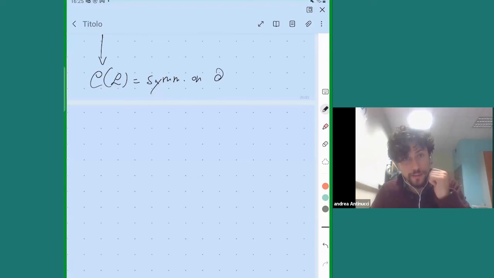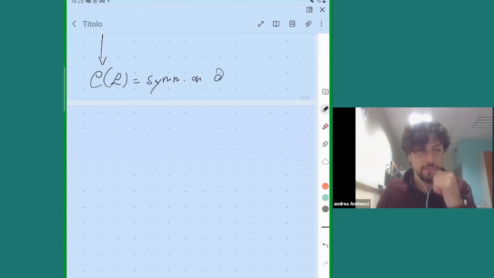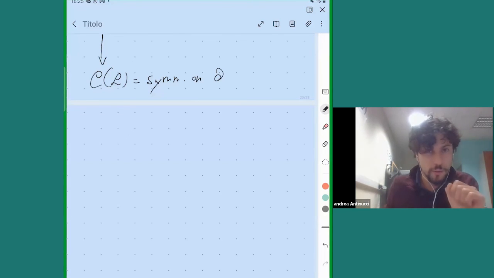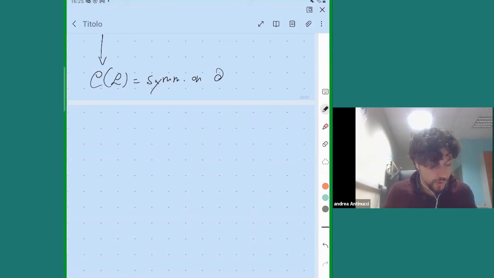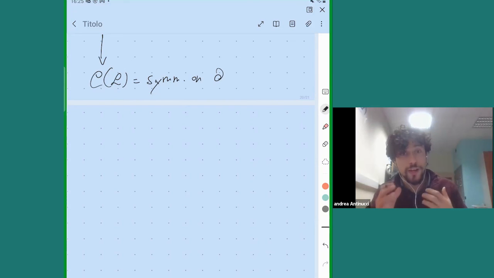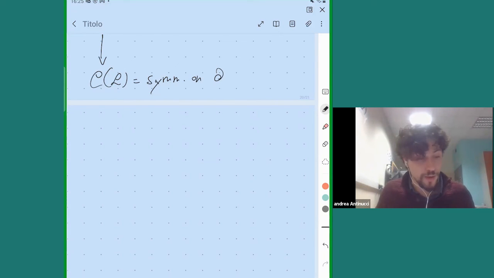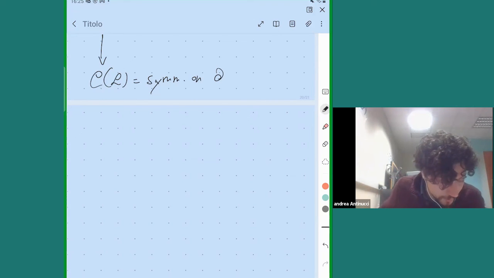But the miracle thing is that sometimes, I would say almost always, we are discovering many cases in which this is possible. We are able to construct this higher dimensional TQFT for categorical symmetries, even if you are not able to couple the symmetry to background field. So this is like a miracle, and there are some good reasons why this is possible.